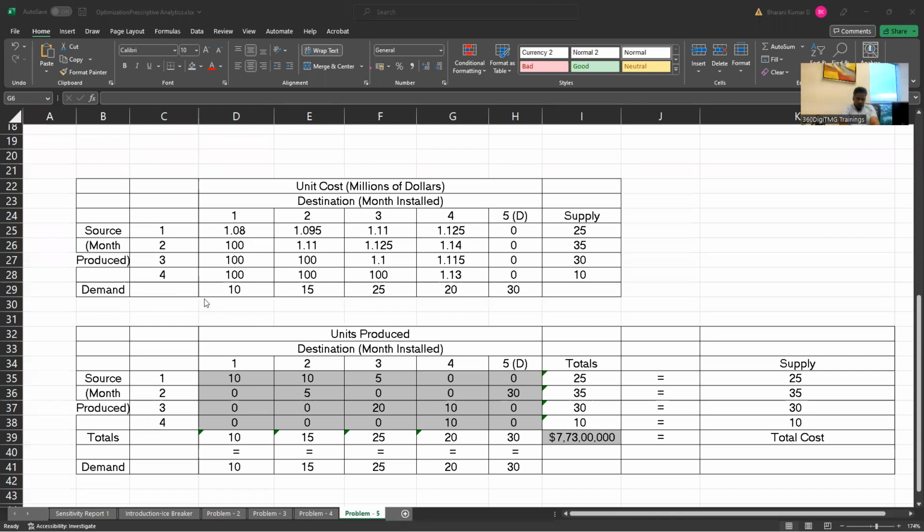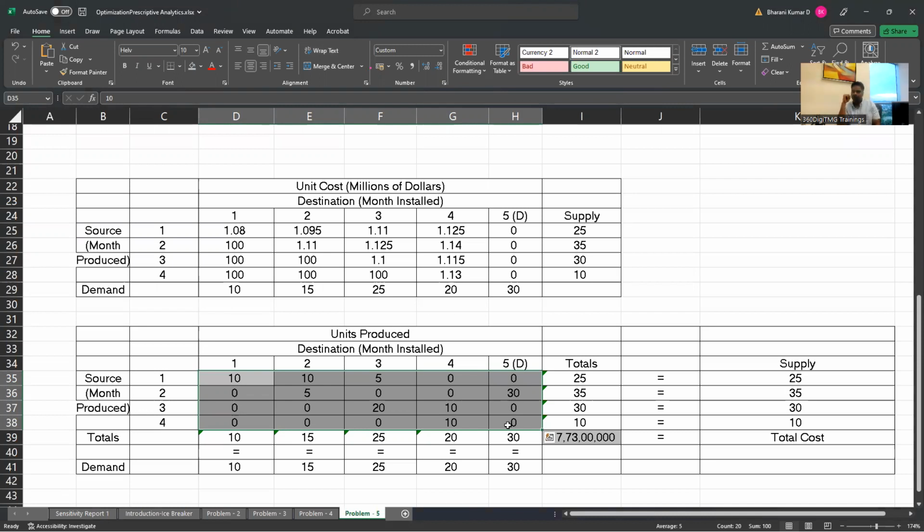So all these would become your decision variables: how many tons of sand should you produce in a specific month, how many tons of sand should you use up in each of the months, and how many tons of sand should you store for subsequent months.